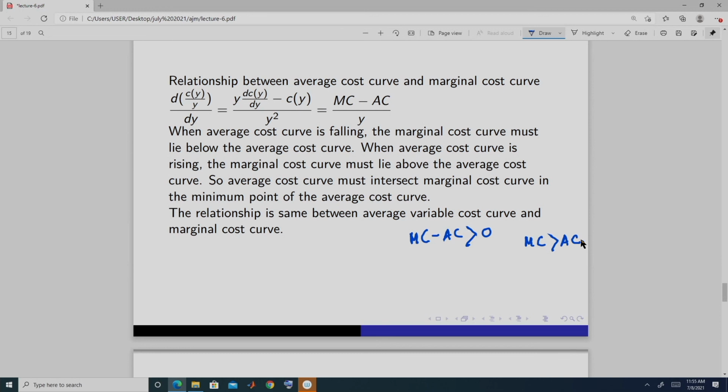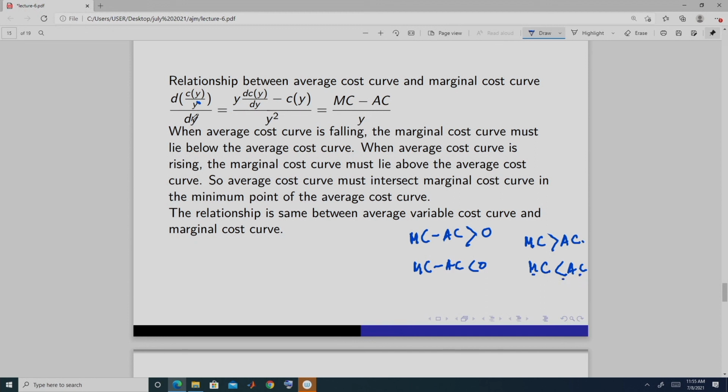So, that means whenever the slope of the average cost is increasing, then marginal cost is greater than average cost. And when it is negative, this means marginal cost is less than average cost. So, whenever the slope of average cost is negative, then marginal cost should be less than average cost.